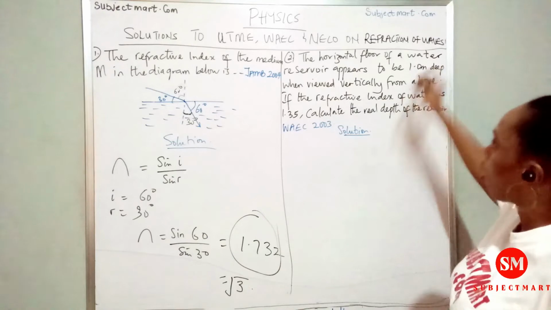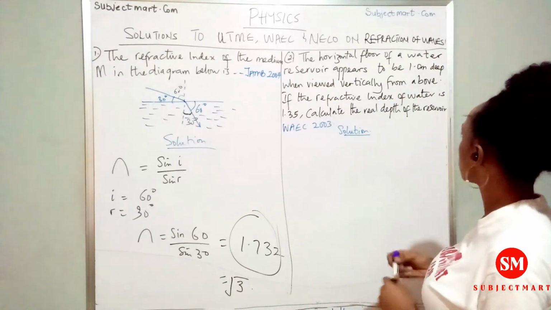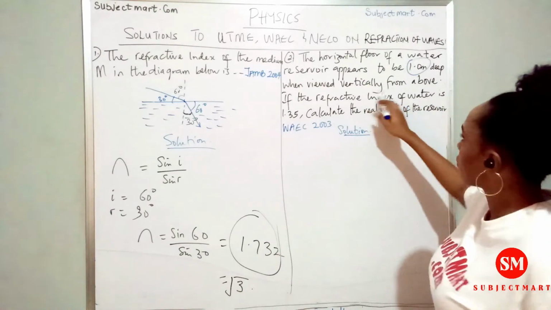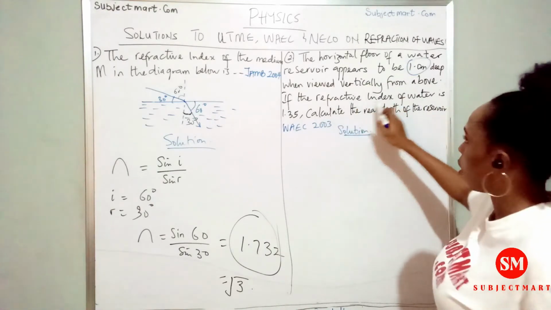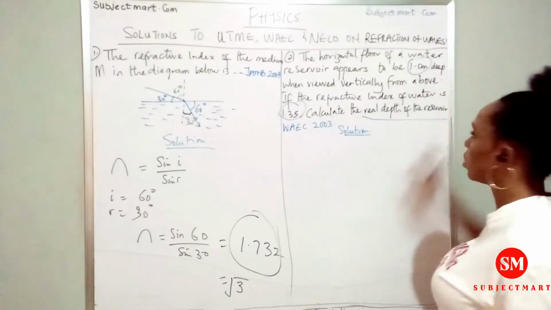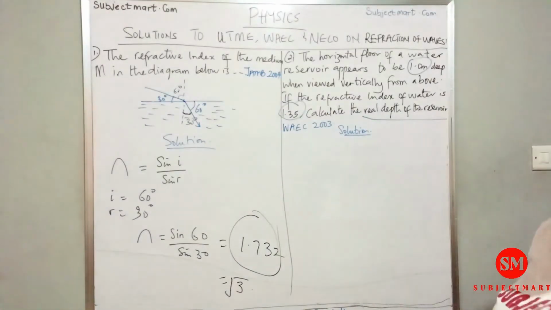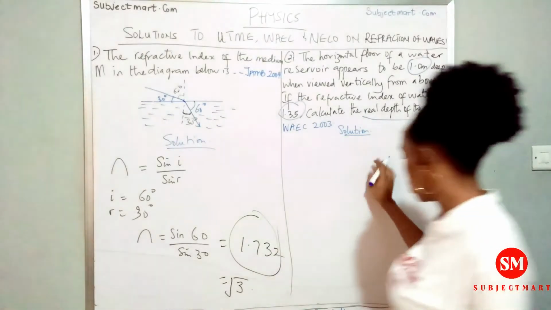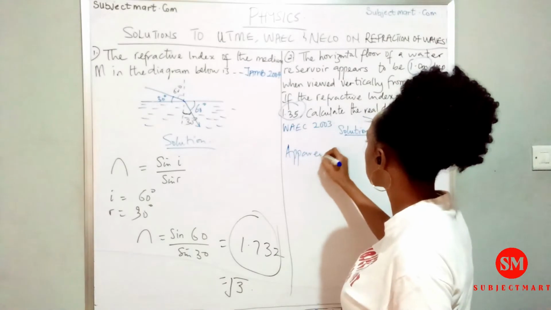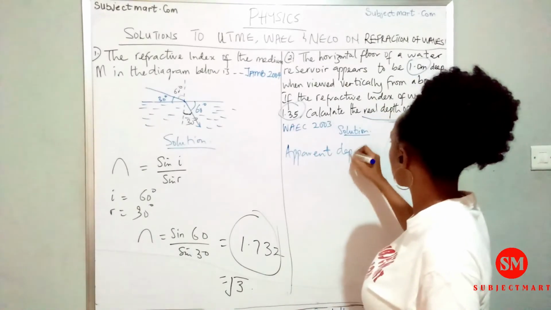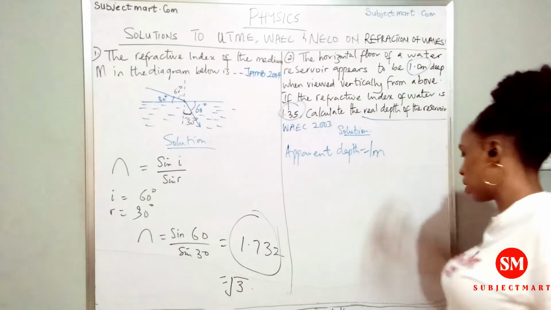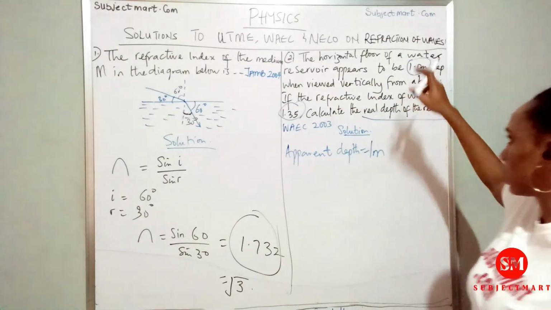Now, the horizontal floor of a water reservoir appears to be this when viewed from above. The refractive index of water is this. We are asked to calculate the depth of the reservoir. Okay, so we have the apparent depth. It appears to be 1 meter.